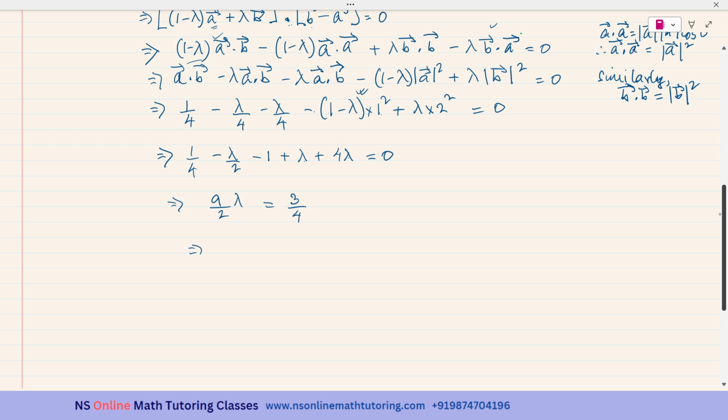Okay. So lambda, and now I am multiplying both sides by 2 over 9. So 2 over 9 equal to 1 over 6. Therefore, lambda equal to 1 over 6.